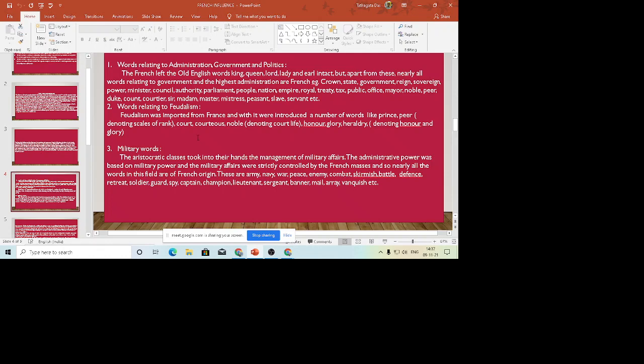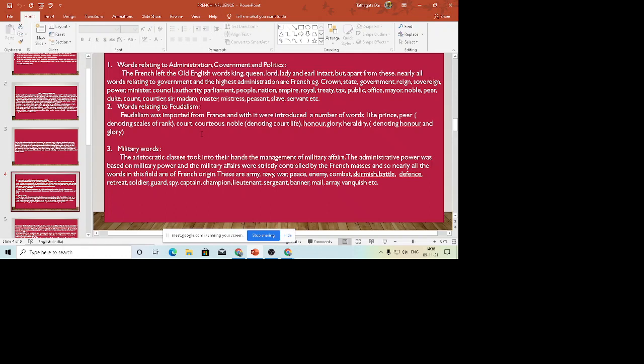Now we will come to the military words. The aristocratic classes took into their hands the management of military affairs. So the French, of course, controlled the military. The administrative power was based on military power, and the military affairs were strictly controlled by the French, and so nearly all the words in this field are of French origin. So obviously the words that have come down to us are of French origin. These are army, navy, war, peace, enemy, combat, skirmish, battle, defense, retreat, soldier, guard, spy.